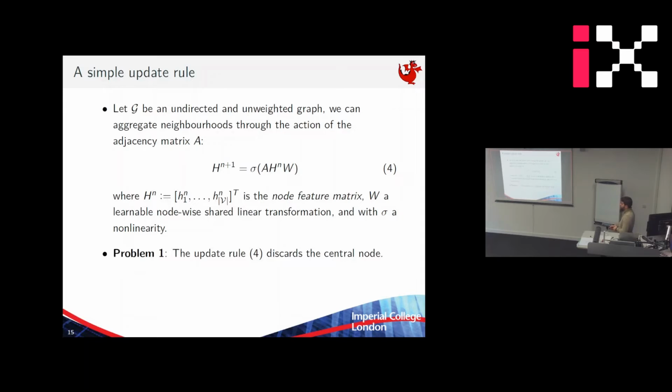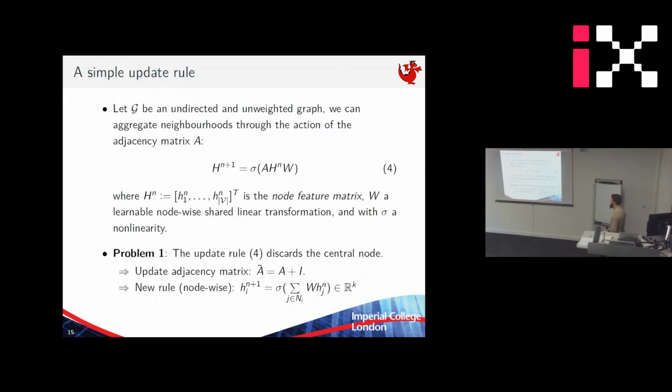One problem with that is you're discarding the central nodes when you do that. So an easy way to fix it is to say, okay, my adjacency matrix is actually A tilde, which is A plus identity. So you account for the node I when you are updating the node I, basically. And then you can express this update rule node-wise, at the level of the node.